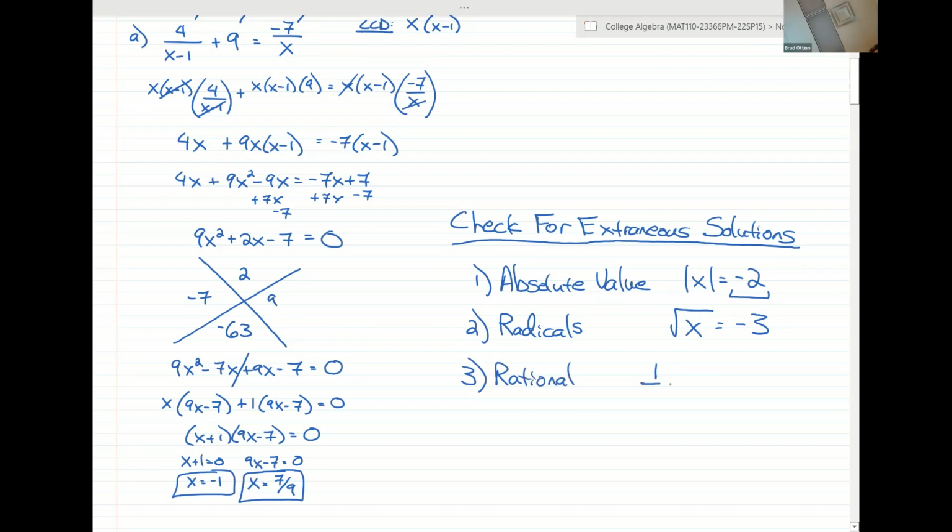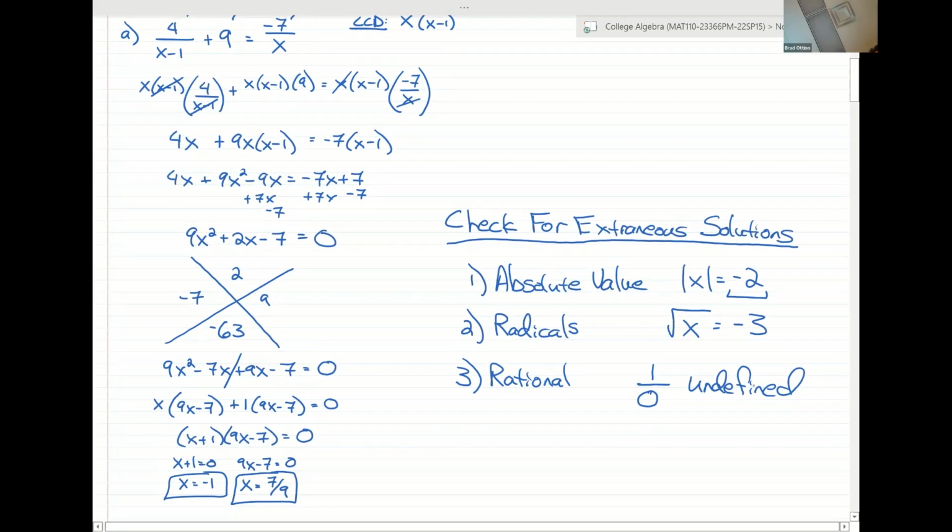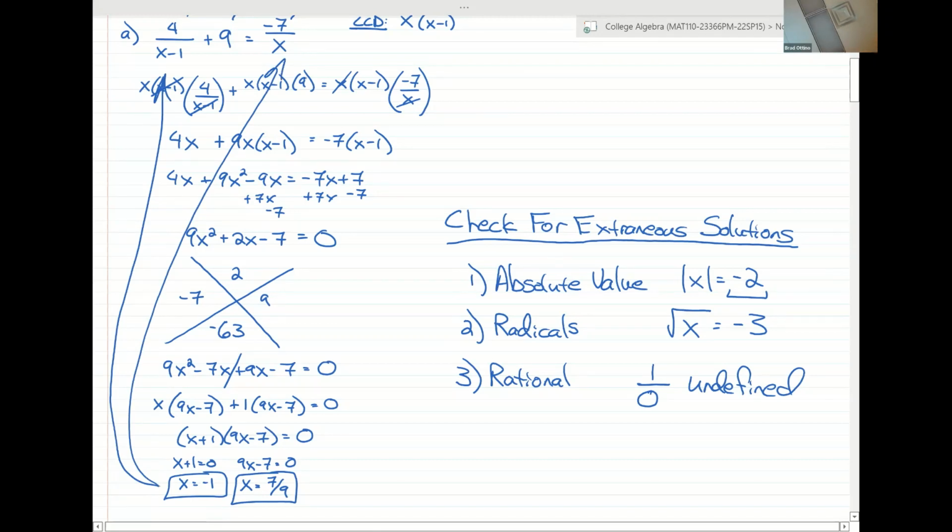If you ever get 1 over 0, that's a problem. That's undefined. So when we're doing these kind of problems, just double check. If we plug in negative 1 to our denominators, it's not going to get 0, so that's fine. And if we plug in 7/9, that's not going to make our denominator 0 either. So it looks like both of those answers are correct.